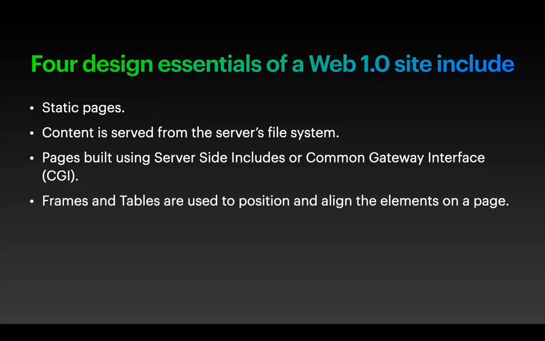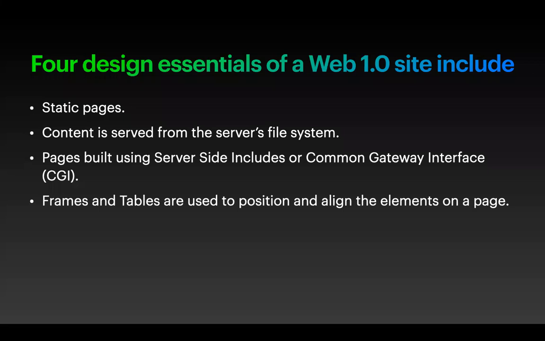But later on, when advancements occurred, people felt that just static content is not sufficient. So we tried to interact with the computer, and thus came the era of Web 2.0. In Web 1.0, all the pages were static.